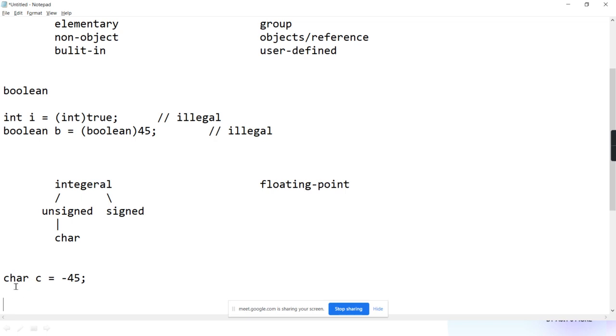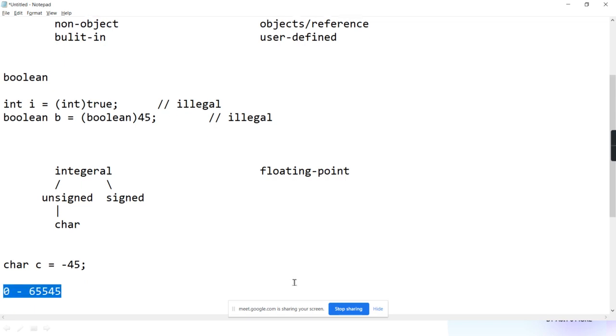Suppose its capacity is 64K. 64K means 64 times 1024, which is 65,536. These values, whatever they are, all are positive. So as the capacity is positive, how can a negative value come? So it will give you an error.